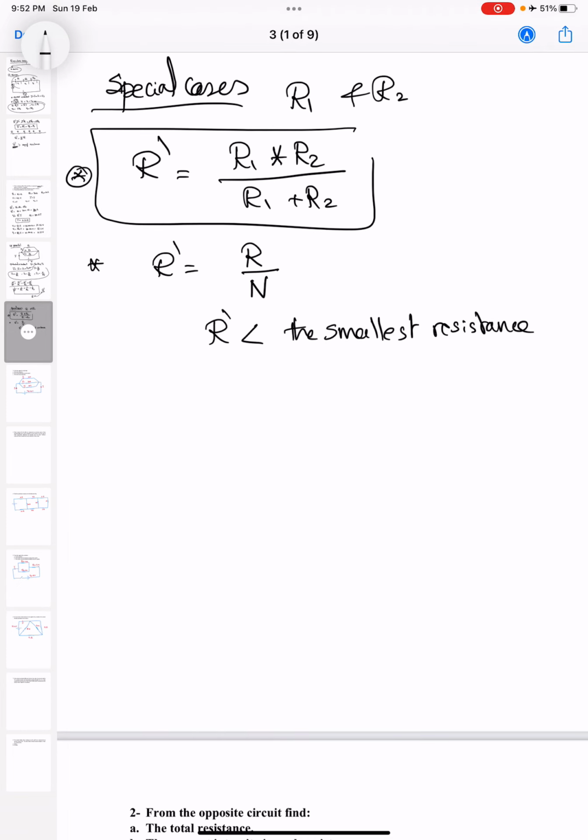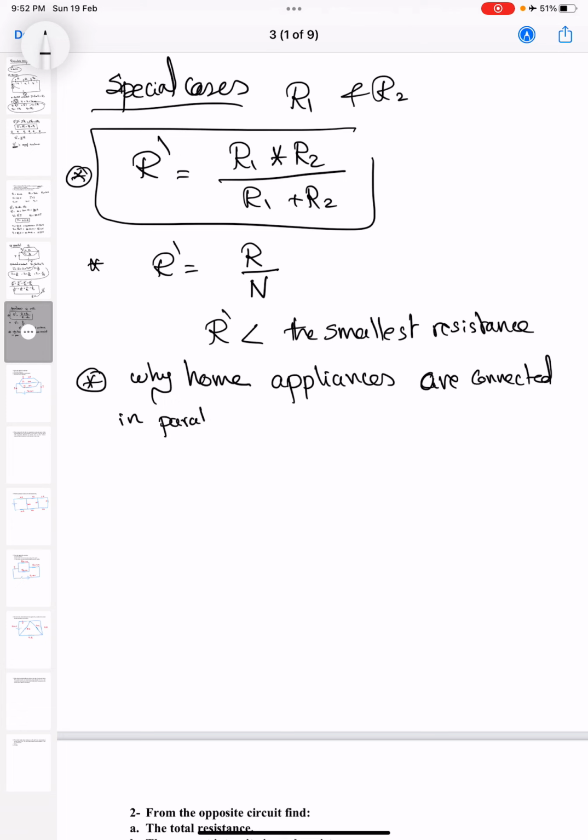We have two questions. Give reason: why are home appliances connected in parallel, not in series?